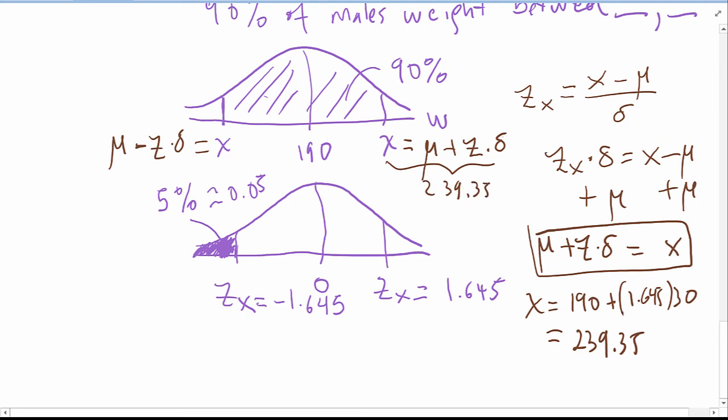It's the same thing but with a negative right here. So we get 1.645 times 30 negative, and then adding 190, which gives me 140.65.